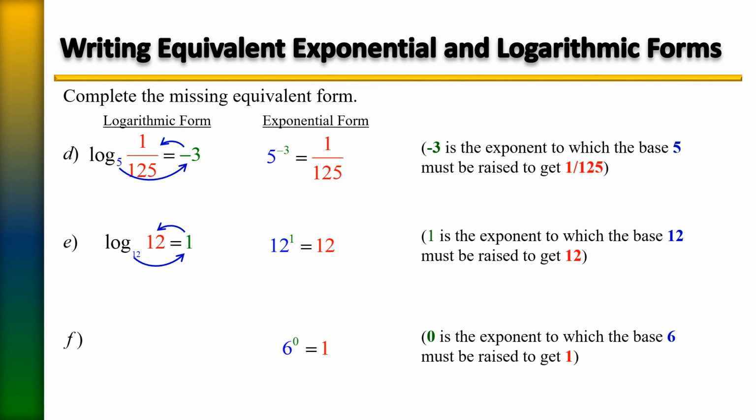So to write that in logarithmic form, log base 6 of 1 equals 0. In a snail pattern, that would be 6 raised to the 0 power equals 1. And there you have it, writing equivalent exponential and logarithmic forms.